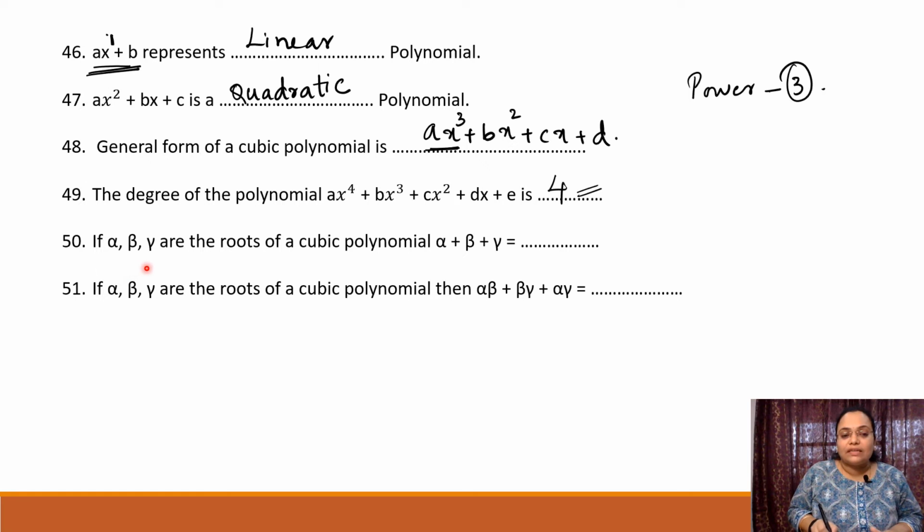If alpha, beta, gamma are the roots of a cubic polynomial, then alpha plus beta plus gamma will be minus b by a. If alpha, beta, gamma are the roots of a cubic polynomial, then alpha beta plus beta gamma plus alpha gamma will be your c by a.